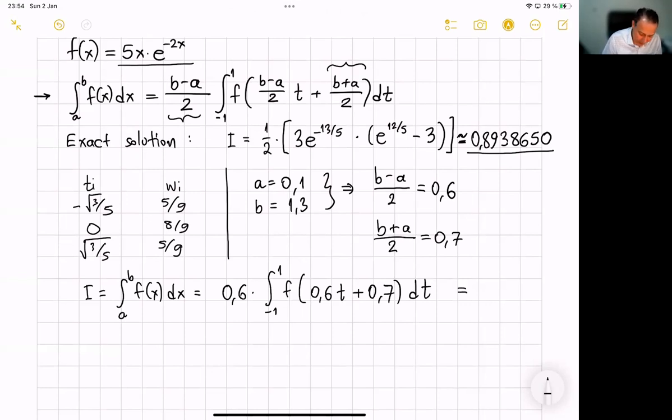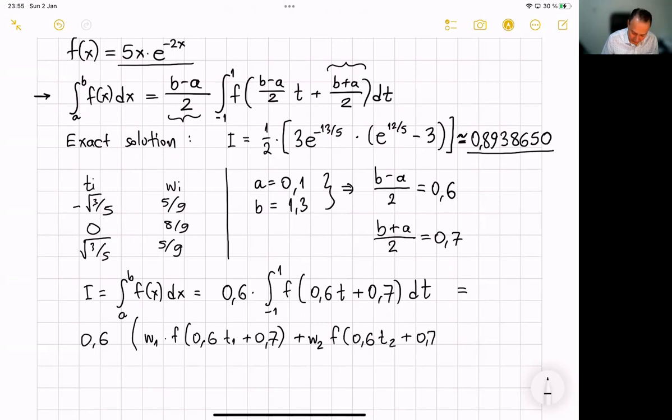So this is 0.6 outside, and then I can say that it is parenthesis W1 f of 0.6 T1 plus 0.7, plus W2 f of 0.6 T2 plus 0.7, plus W3 f of 0.6 T3 plus 0.7.